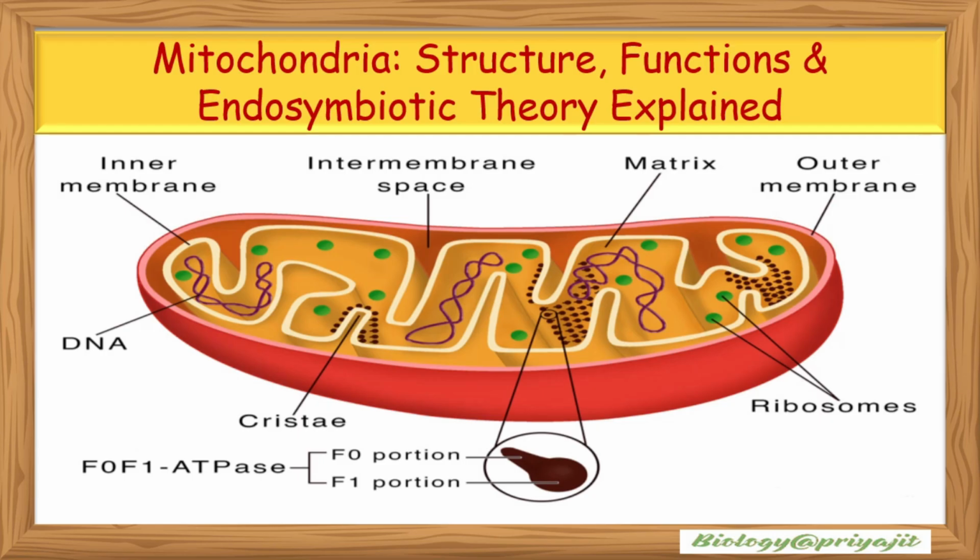You will also uncover the key functions of mitochondria, from ATP synthesis and cellular respiration to roles in apoptosis, heat production, and metabolic regulation. This class also explains the endosymbiotic theory, revealing how mitochondria originated from ancient aerobic bacteria and became permanent residents inside eukaryotic cells.